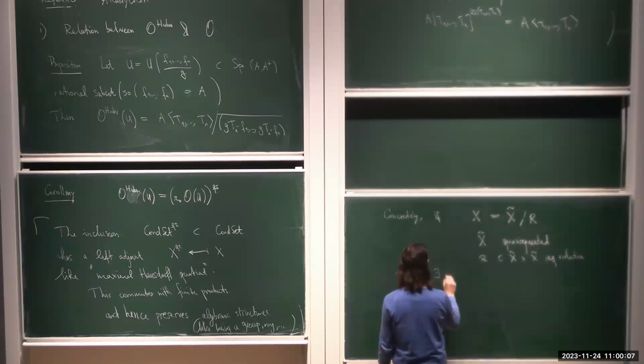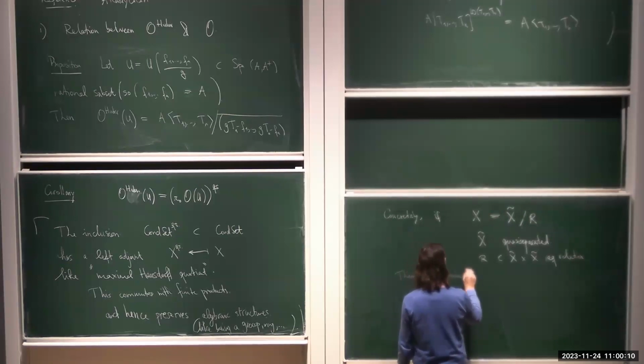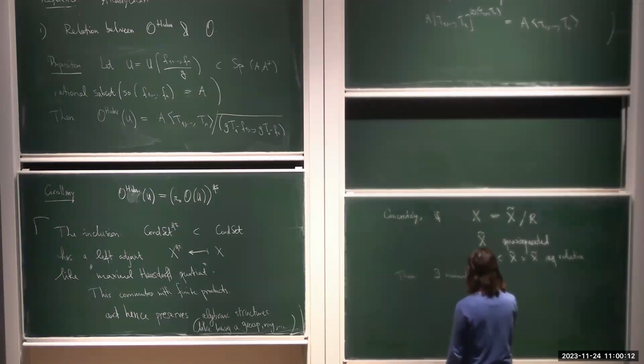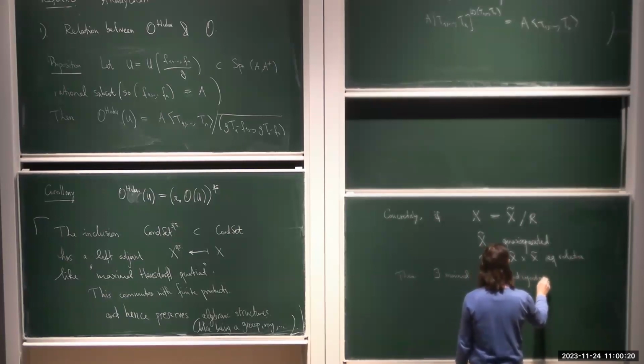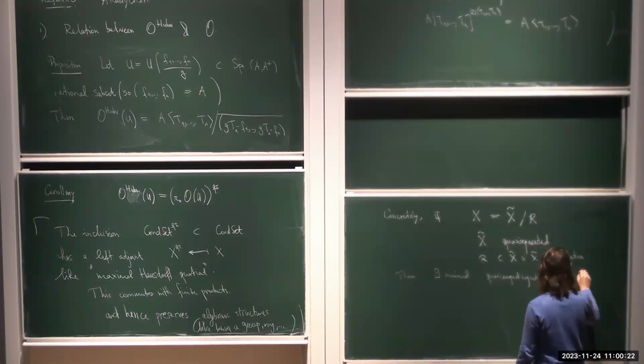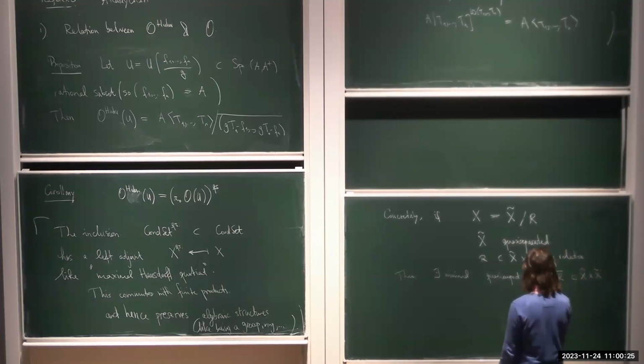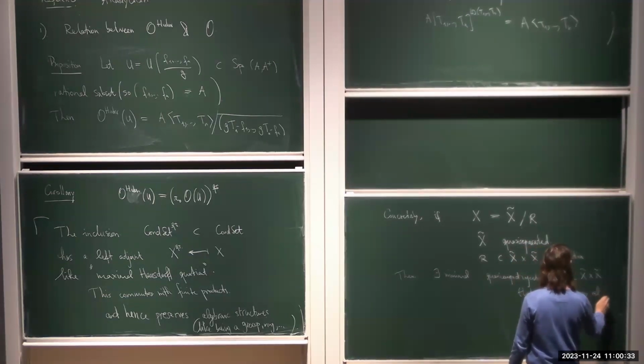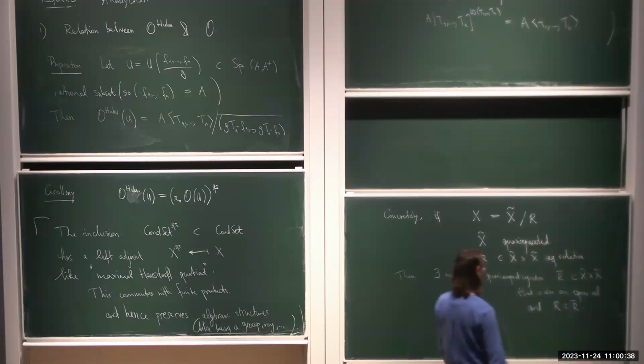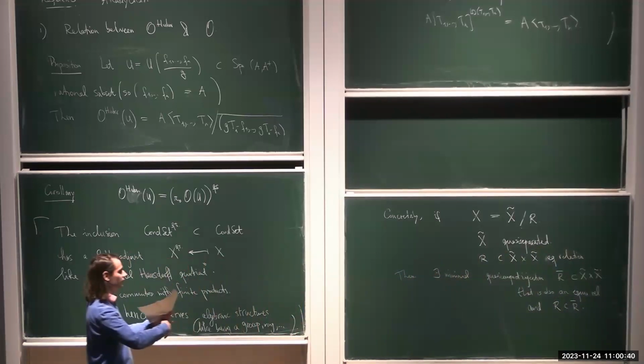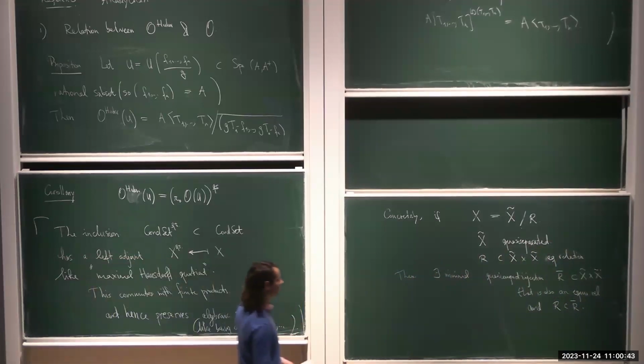Then there exists a minimal quasi-compact injection R bar in R that is also an equivalence relation and contains R. So it's in some sense taking the closure of R, intuitively speaking.